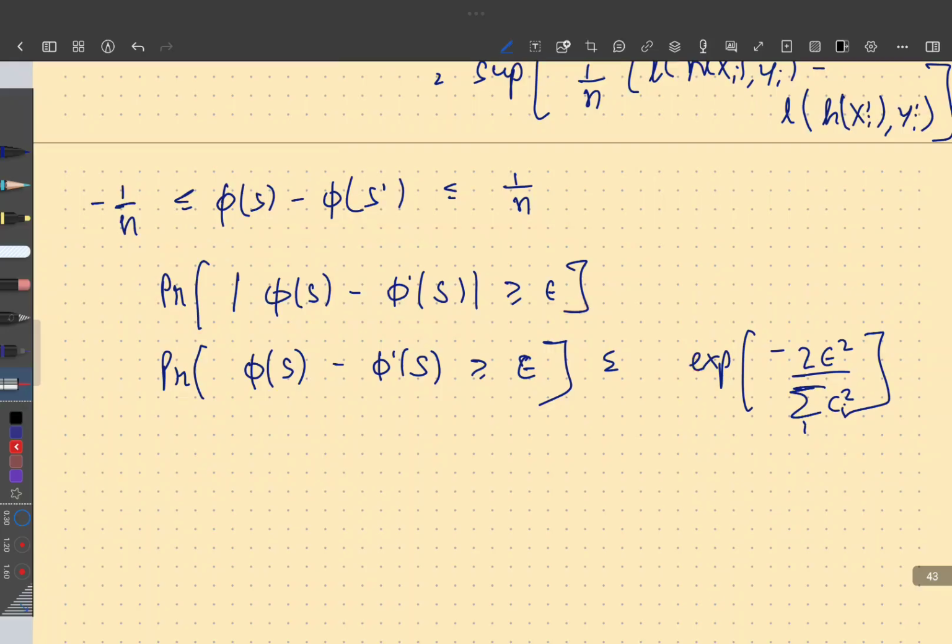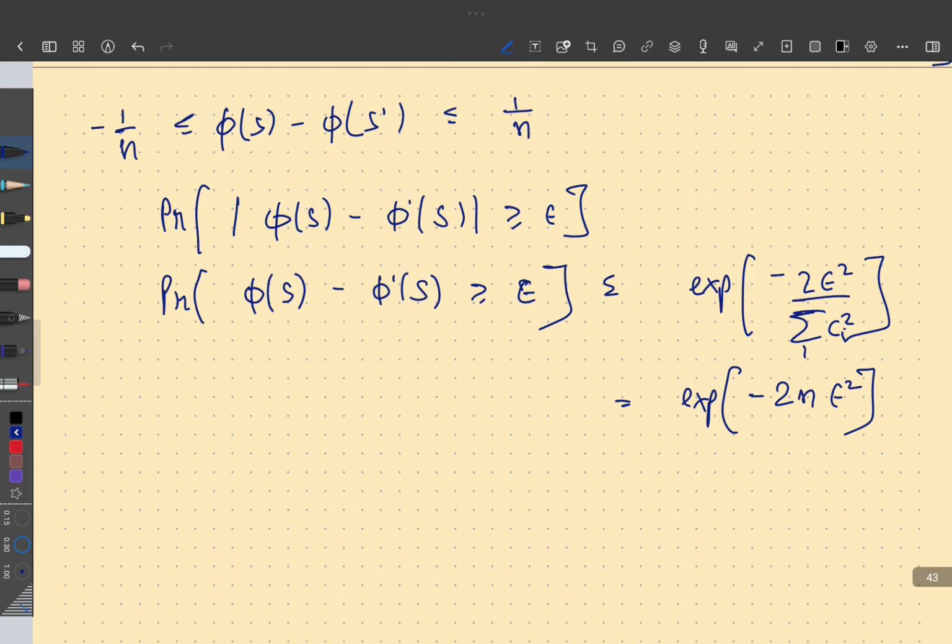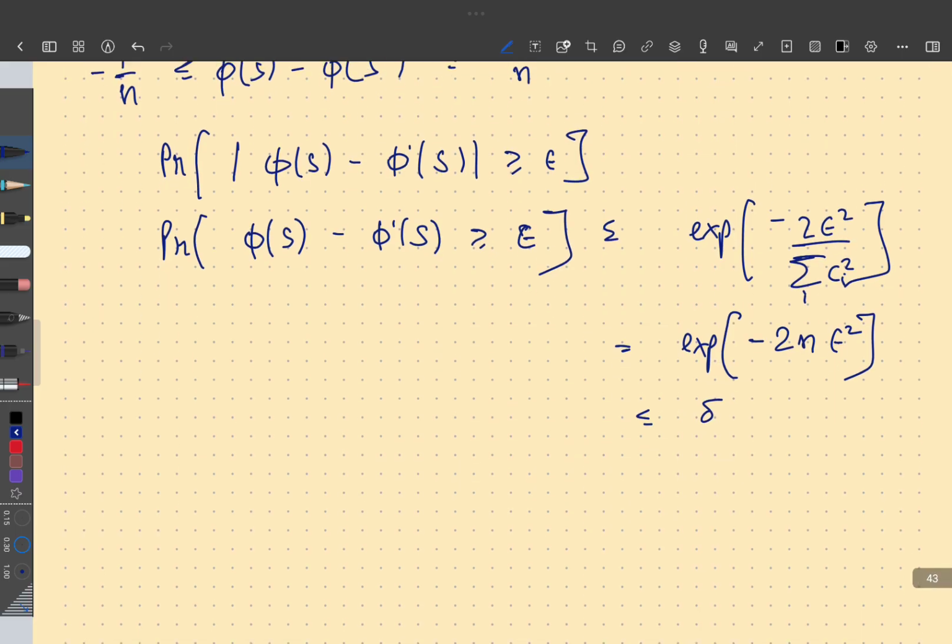Not a major difference, I just want to get rid of that 2. And ci in this case is 1 over n. So in the denominator I have a summation over i of 1 over n square, which amounts to just 1 over n. So this is e to the power minus 2n epsilon square.